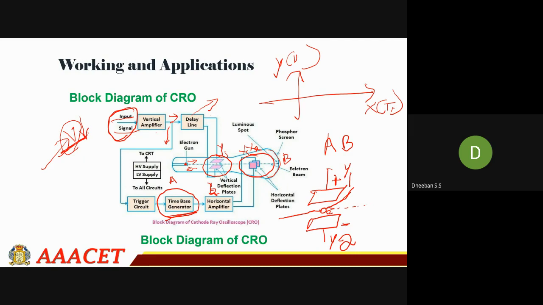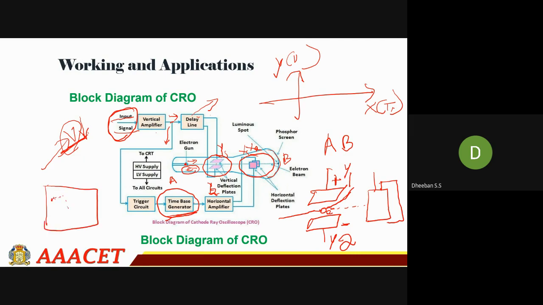This is with respect to your vertical deflection. The same thing is similar for your horizontal deflection also. So based upon the signals generated from the delay line and your time-base generator, the electrons from the electron gun get deflected. When they reach the screen, the B segment, as per the deflections, the electrons will be visible.